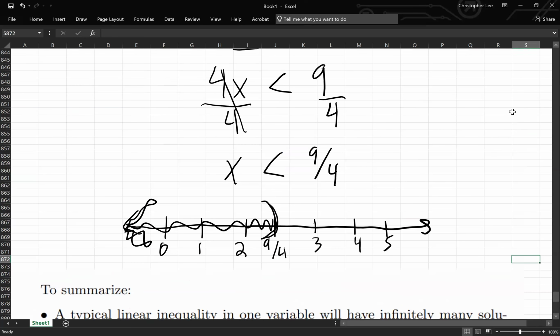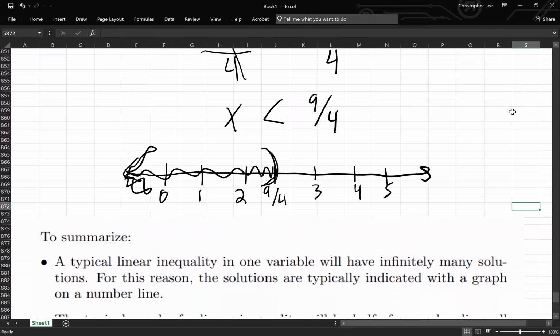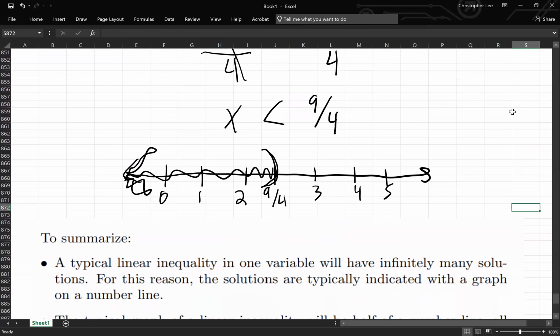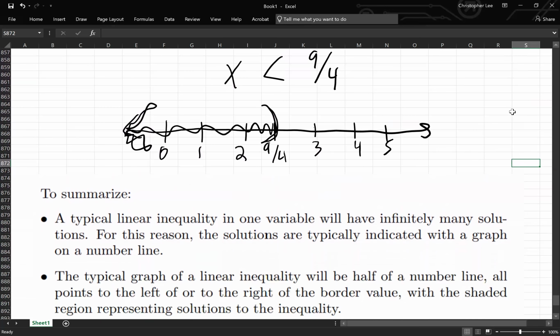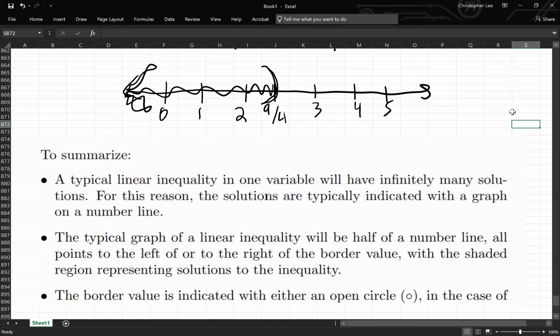All right. So in closing, to summarize, a typical linear inequality in one variable will have infinitely many solutions. For this reason, the solutions are typically indicated with a graph on a number line. The typical graph of a linear inequality will be half of a number line, all points to the left or to the right of the border value, with the shaded region representing solutions to the inequality.